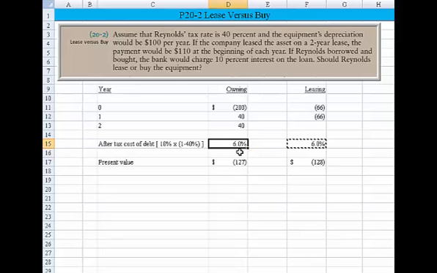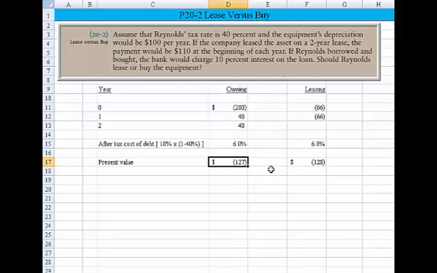And then I can copy that here, where we would use the after-tax cost of debt of 6%. Then we look at the cash flow shown in cells D12 and D13, and then of course add back in the present value of what you're paying out today. That doesn't go into the NPV formula because the NPV formula assumes that cash flow occurs at the end of the period, and that's why I have D11 added outside.